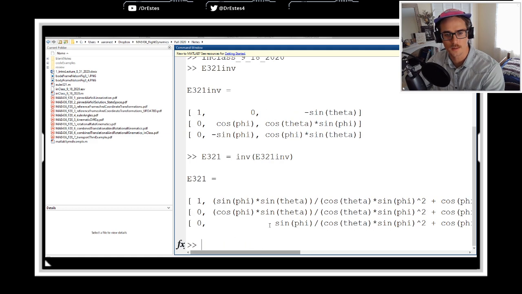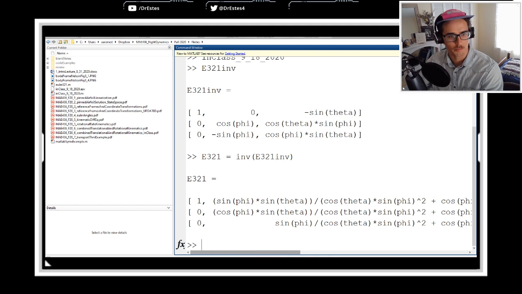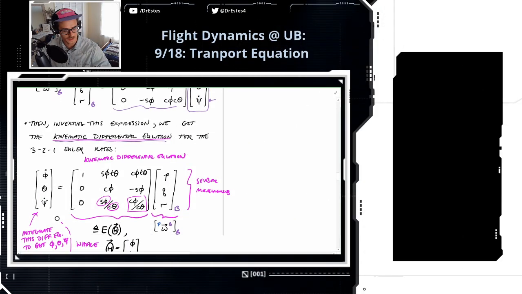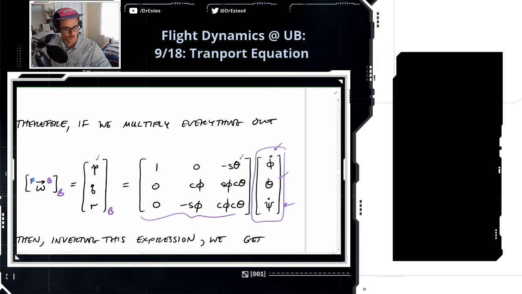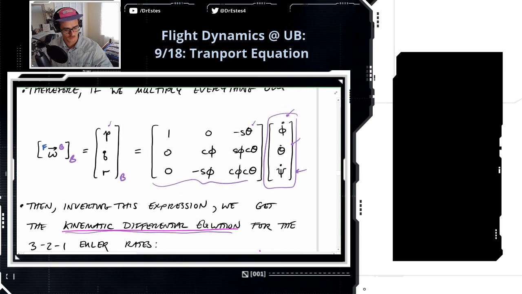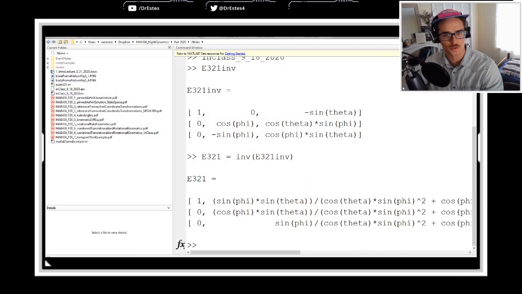And you notice at this point it's a little different than the matrix we've seen in the notes, right? I want this nice clean one. Wait, where did it go? You know, top row is 1, sine phi times tangent theta. Like what's going on in Matlab? Why don't I have that matrix?